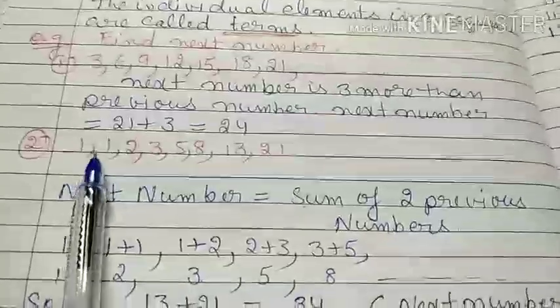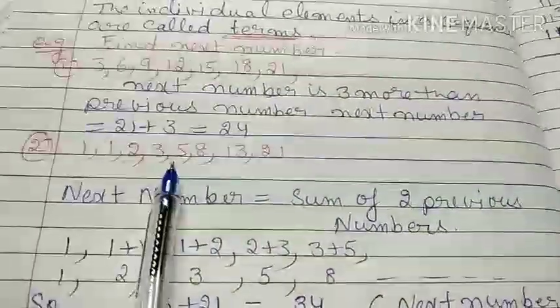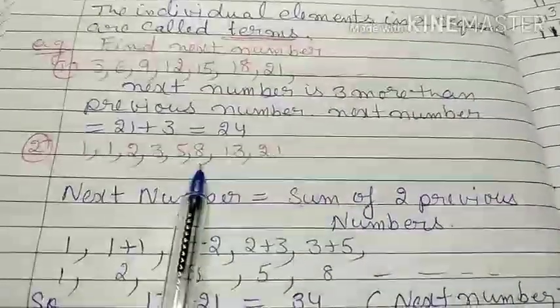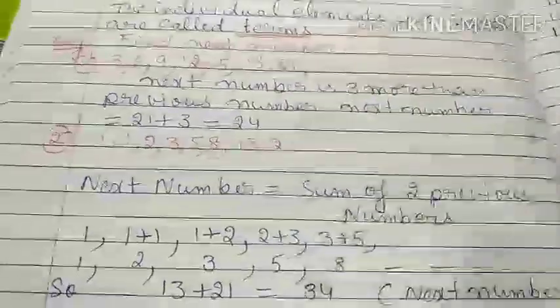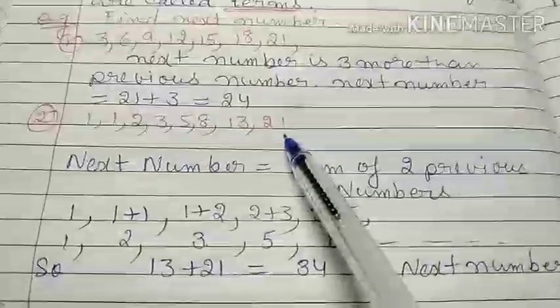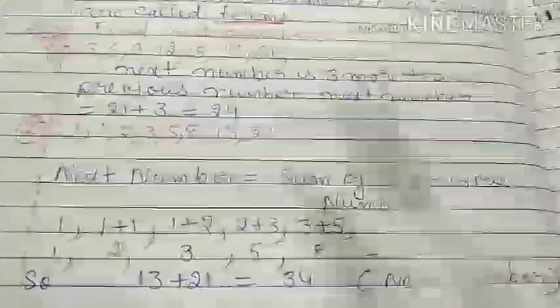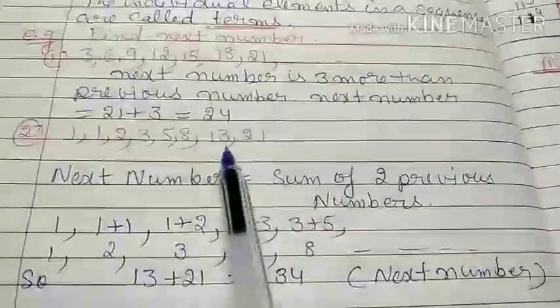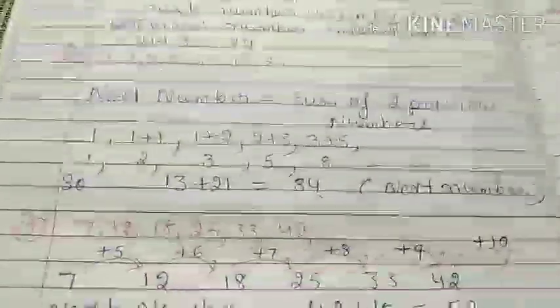Here 1 plus 1 gives 2, 2 plus 1 is 3, 2 plus 3 is 5, 3 plus 5 is 8, 5 plus 8 is 13, 8 plus 13 is 21, and so on. What will be the number after 21? You follow the same pattern: 13 plus 21 gives 34, which will be the next number.